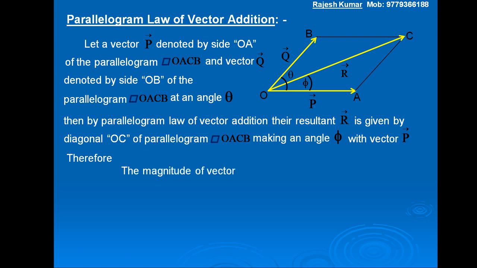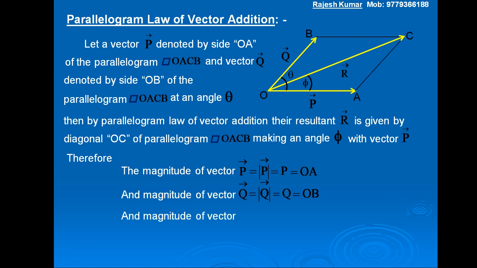Therefore, the magnitude of vector P is equal to mod of P vector, or simply capital P, is equal to side OA of the parallelogram, and magnitude of vector Q, mod of Q, or simply capital Q, is equal to OB, and magnitude of vector R, mod of R, or simply capital R, is equal to OC.